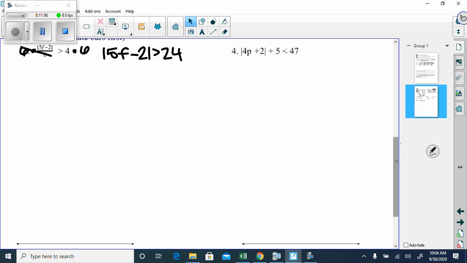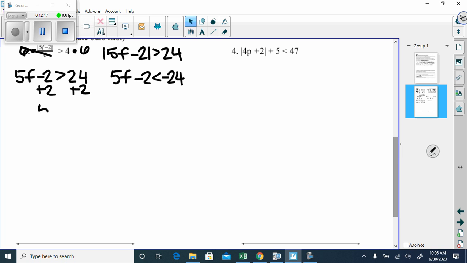So the first one, just as it's written, 5f minus 2 is greater than 24. And what would my second one be? 5f minus 2 is less than negative 24. Good. Alright, and my first step would be to move the negative 2, so I add it. And then I would need to divide.